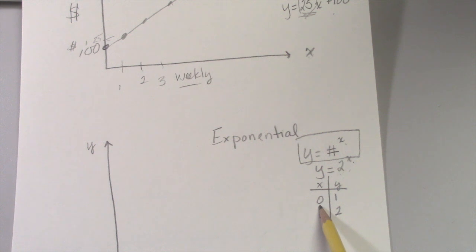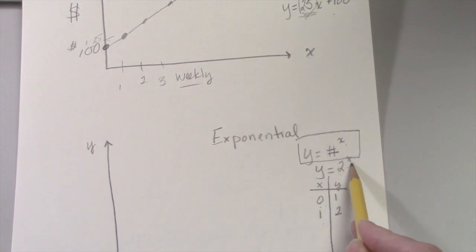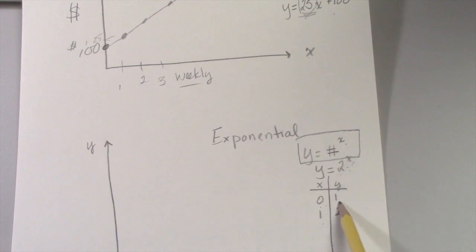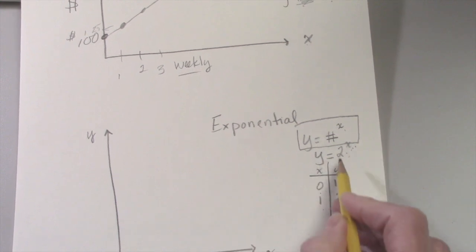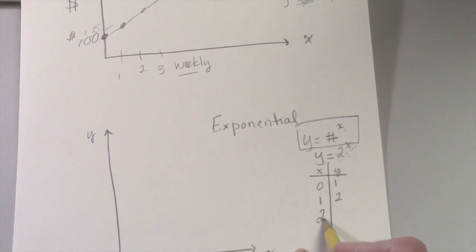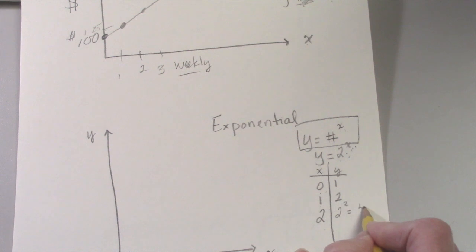If x is 0, so 2 to the 0, by the rules of exponents, anything to the 0 makes 1. If x was 1, 2 to the first is just 2. If x is 2, so I'm doing this in order, 0, 1, 2, so 2 to the second equals 4.